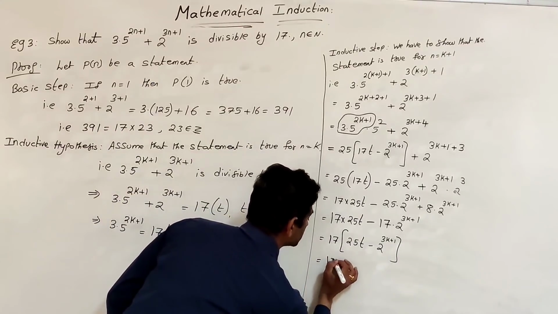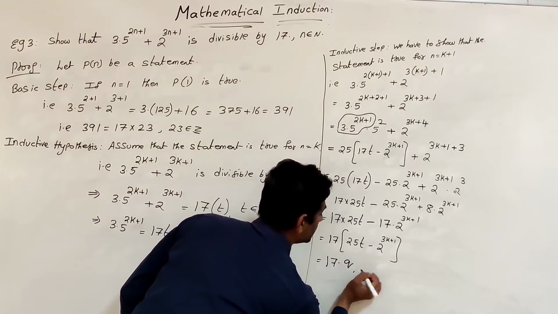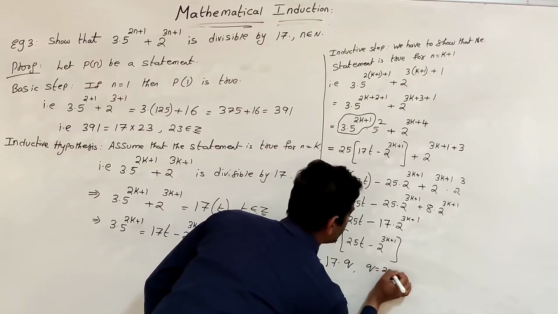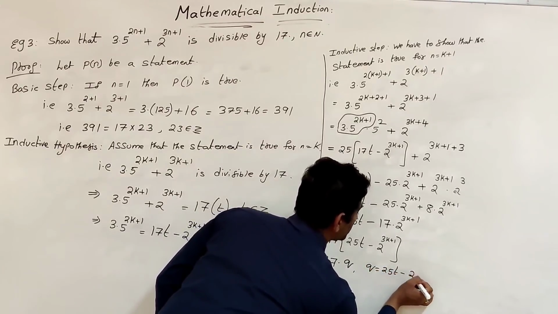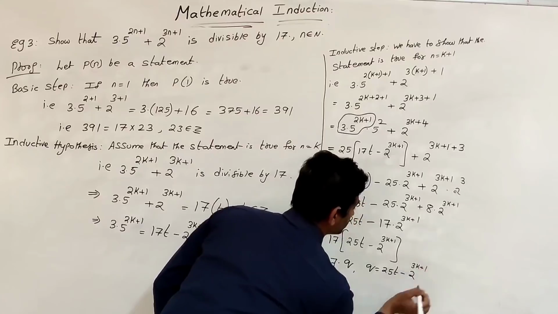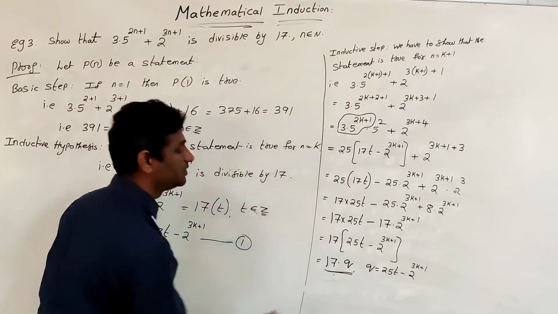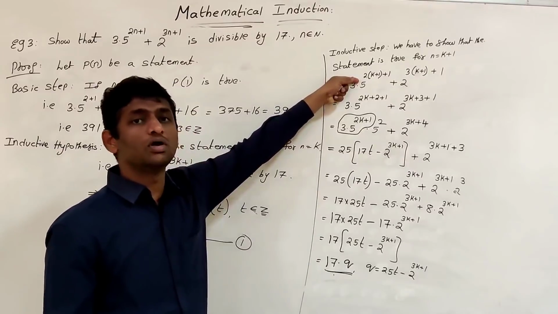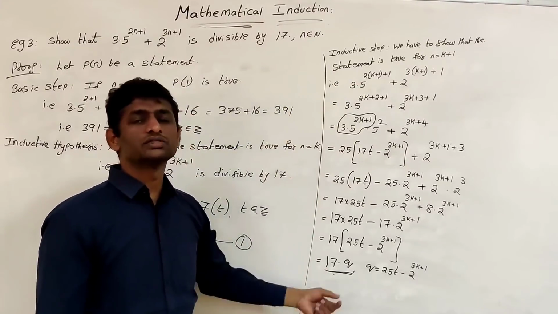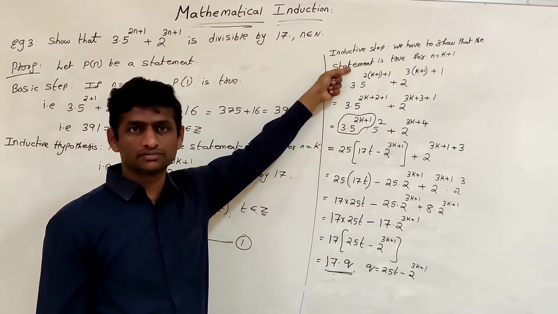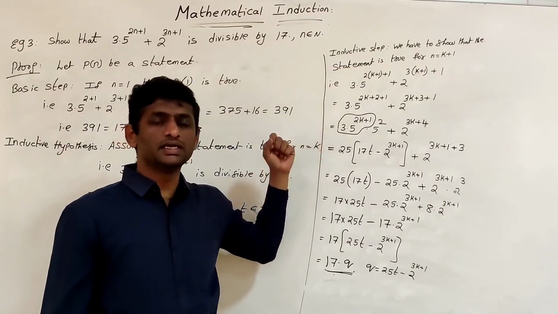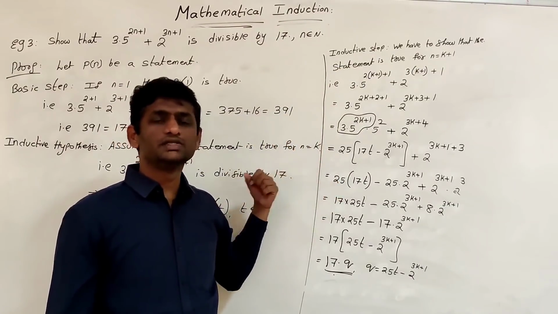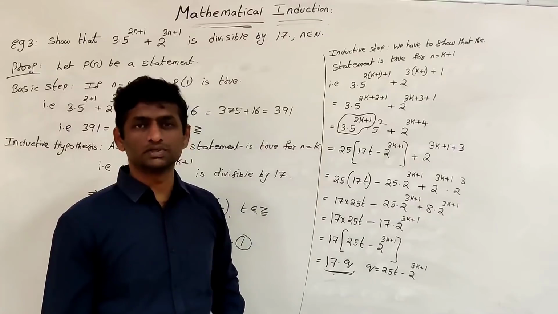So it is 17 times q, where q is equal to 25t minus 2 to the power of 3k plus 1. So this is a multiple of 17, or 17 is a factor of this. So by using mathematical induction, we can say that it is true for all natural numbers.